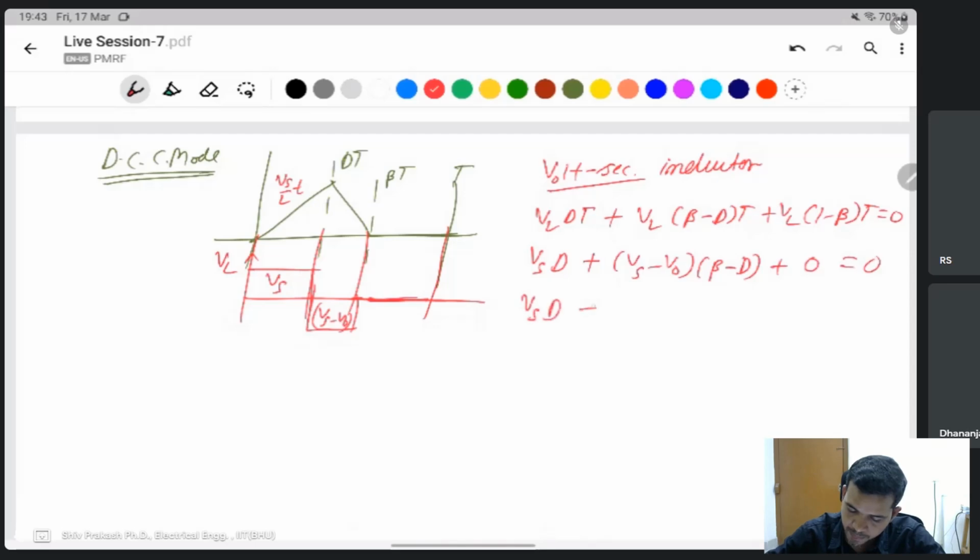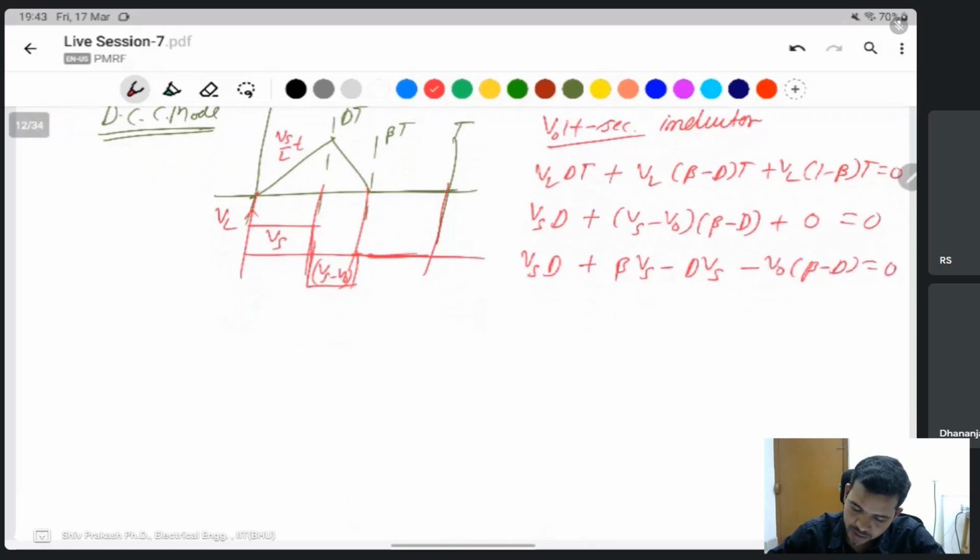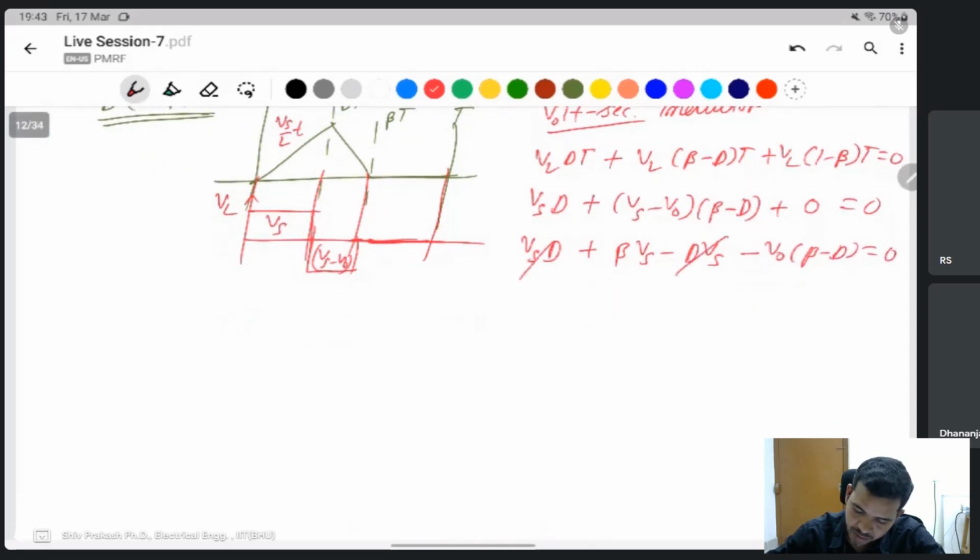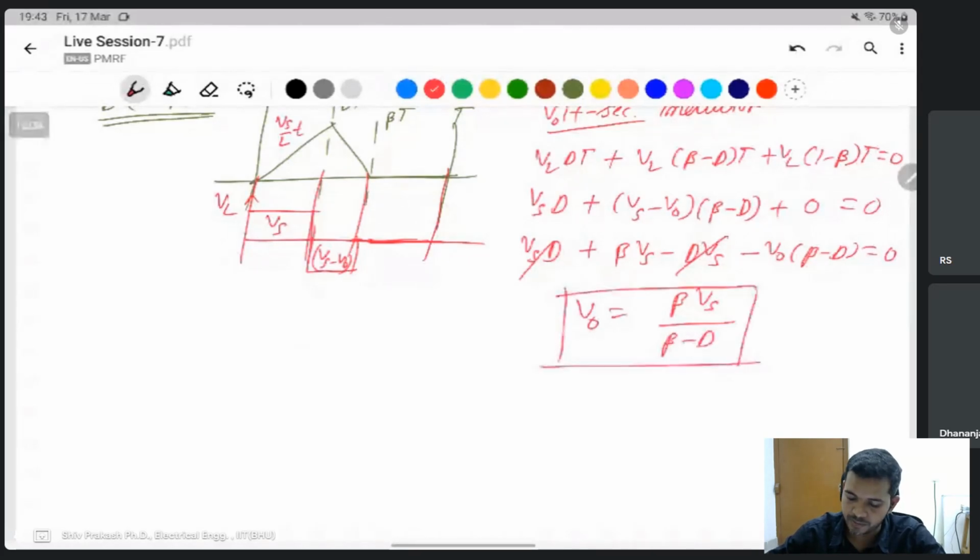Vs into dt plus beta Vs minus dVs minus V naught into beta minus d is equal to 0. Vs dVs cancel out. Output voltage is beta Vs divided by beta minus d. This is the output voltage of a boost converter in discontinuous conduction mode.